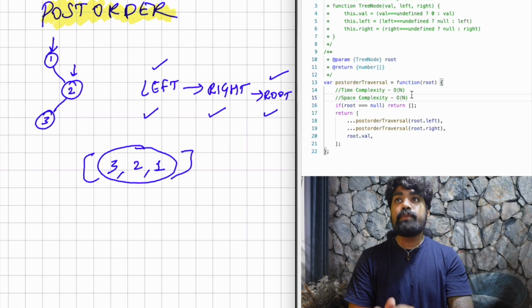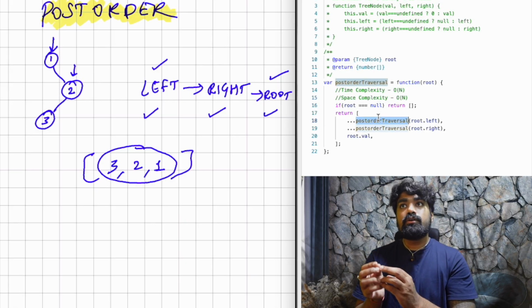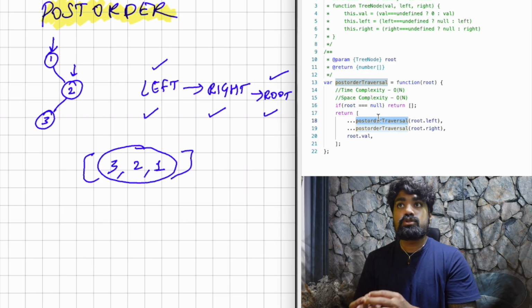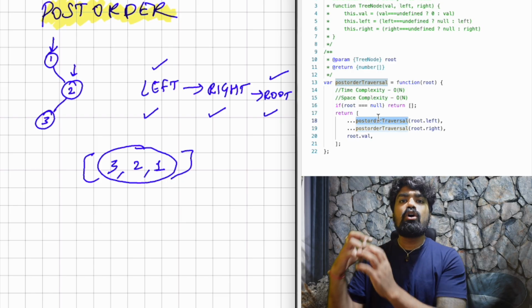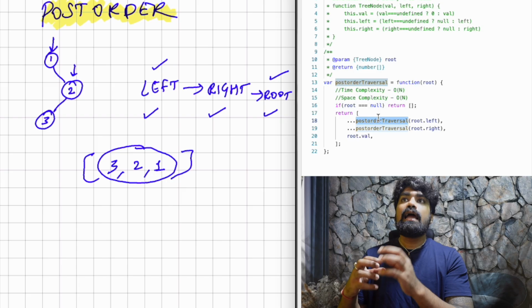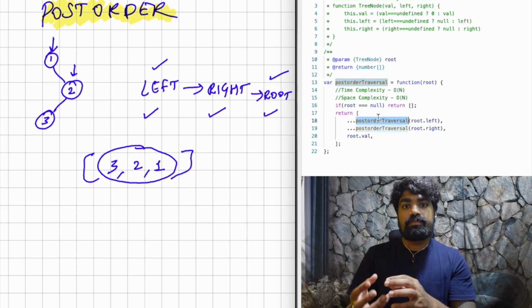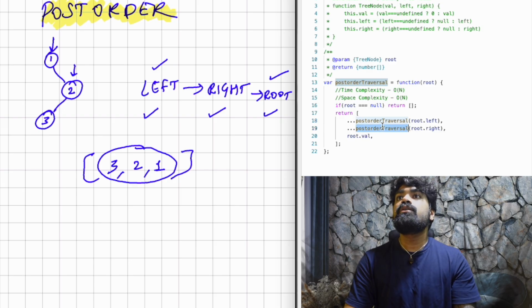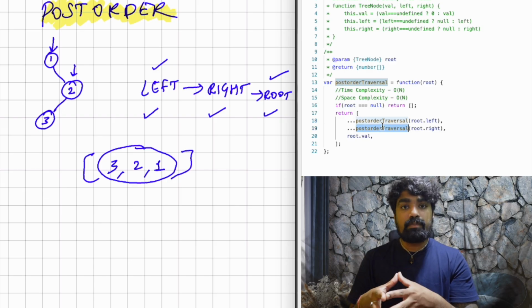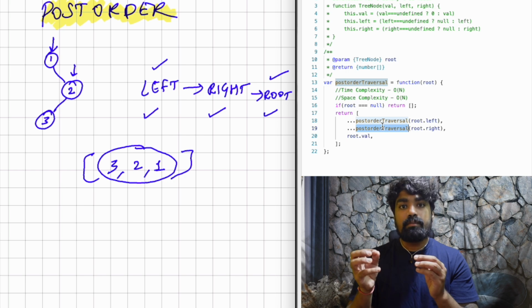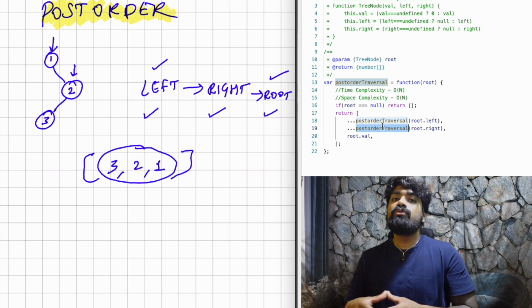Why big O of n? Because every time you make this recursive call to the post-order traversal function, it's going to occupy space in the call stack. And in the worst case, you can occupy it for all the nodes that you have received within this call stack. That's why the space complexity is going to be big O of n, with n being the number of nodes you have received.